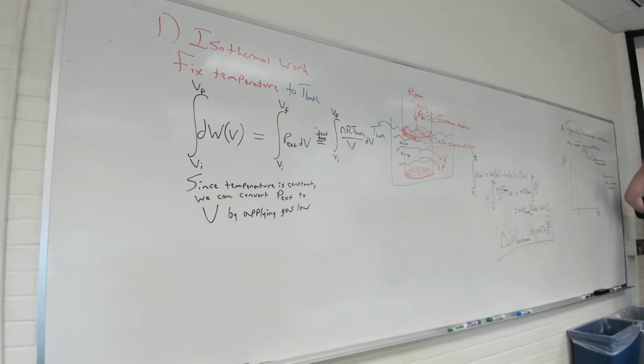So if we yank it out really quickly, the volume's going to change initially from VI to VF, but the pressure hasn't changed yet. So the pressure is going to move like this to here. Okay? And the total amount of work you're going to do is pressure times the change in volume, right? Remember, dW is PdV.